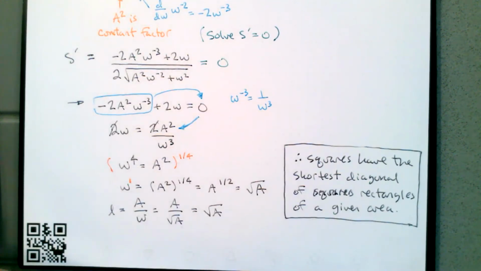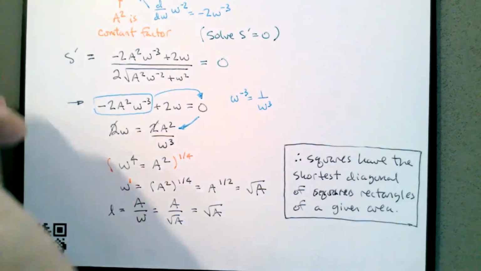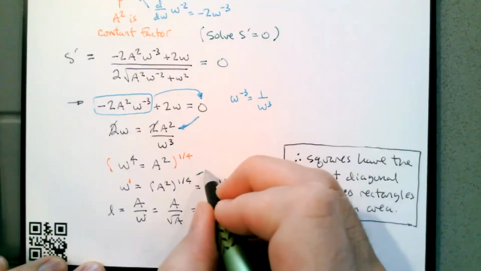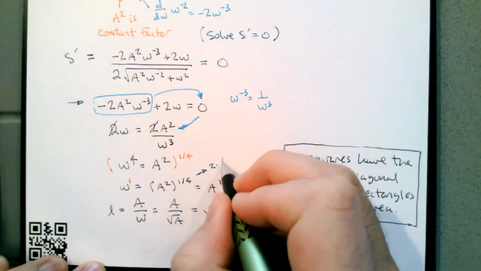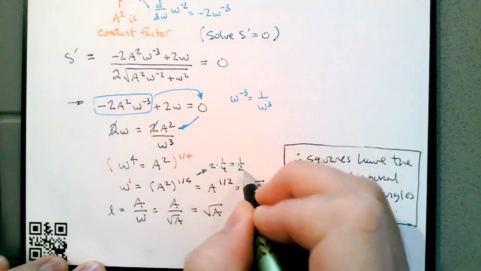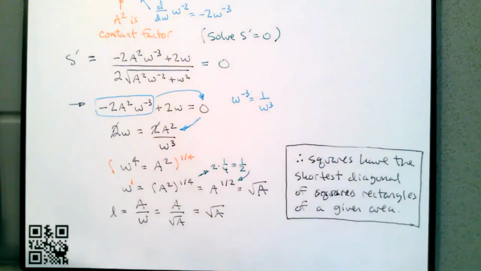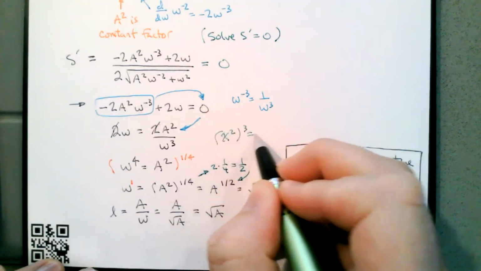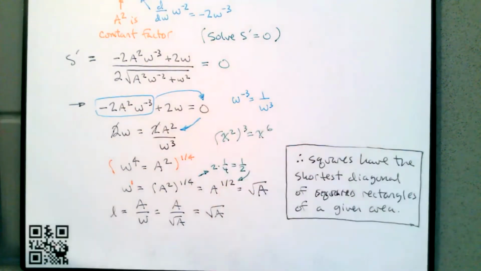And then you have a to the power of 1/2. Yeah, a squared to the 1/4, we multiply the exponents. So a squared to the 1/4 is just 2 times a fourth, which is 1/2. I will review that later. Thank you, Professor Rich. X squared to the third is x to the sixth. We multiply the exponents.